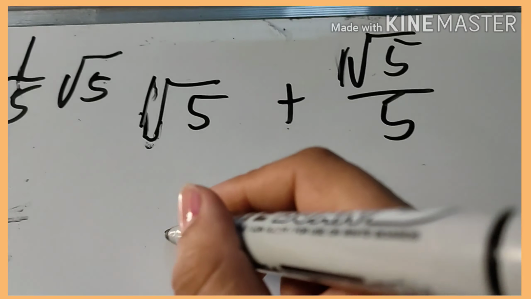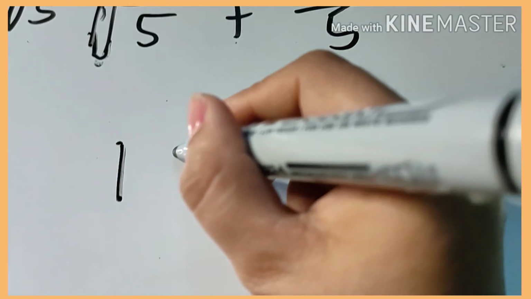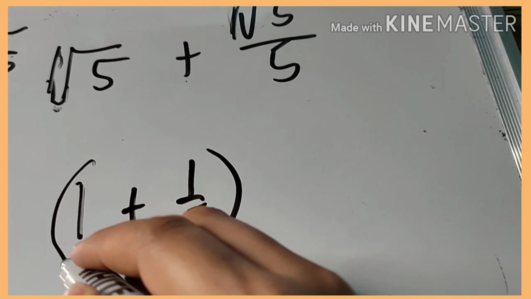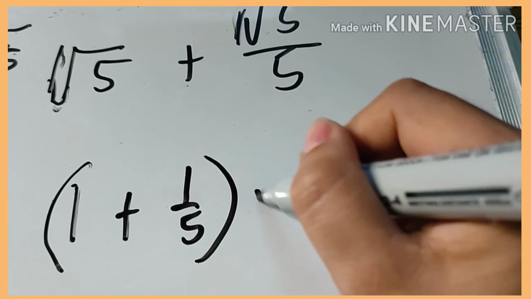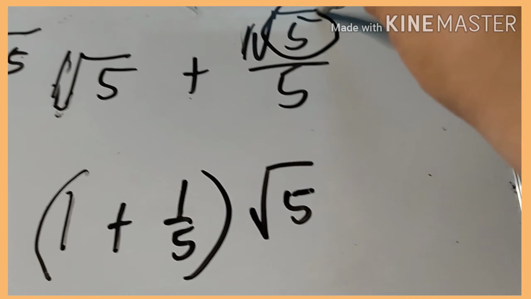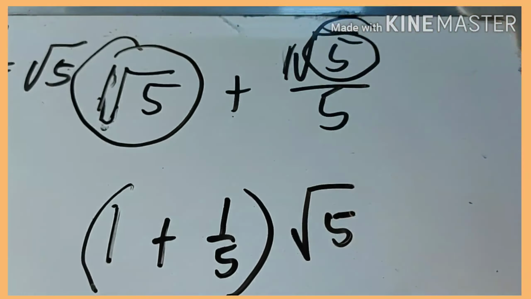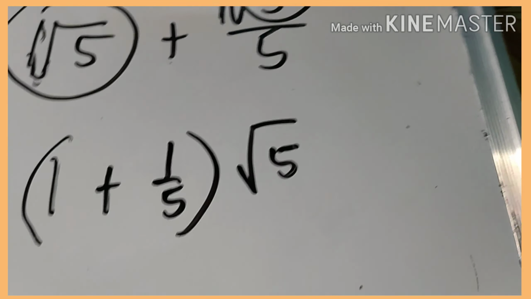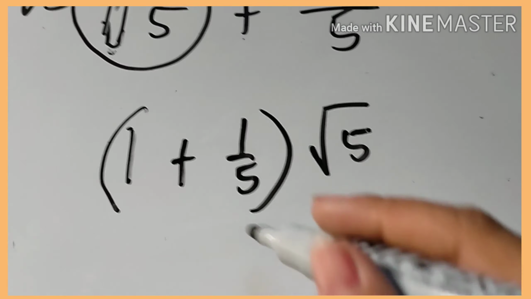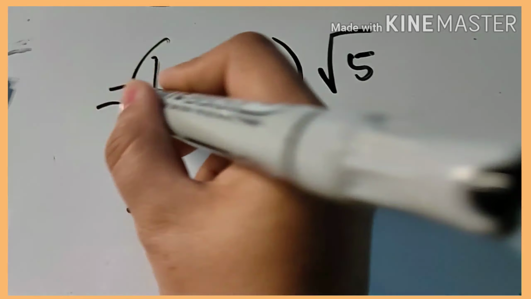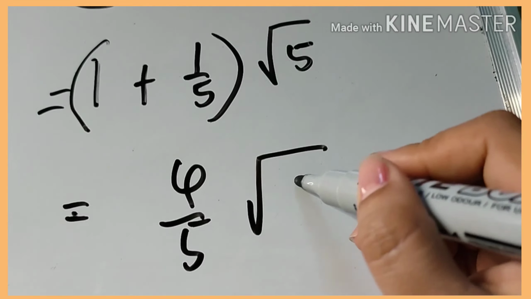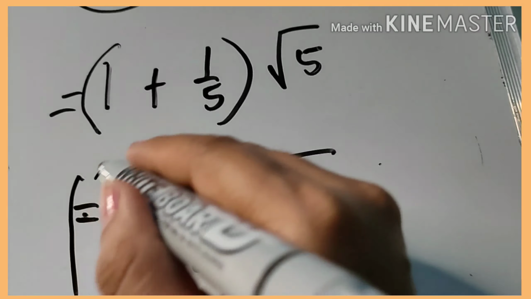It means you have to add 1 plus 1/5. Then just simply copy square root of 5 because they now have like terms or like radicals. Adding 1 plus 1 over 5 is equal to 6 over 5 square root of 5.